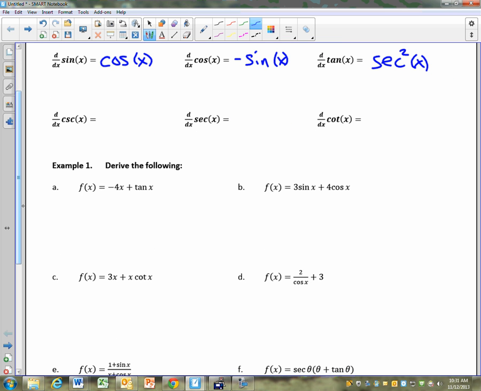So we could verify all the rest of these by simply doing that. No big deal. The derivative of cosecant happens to be negative cosecant of x times cotangent of x.